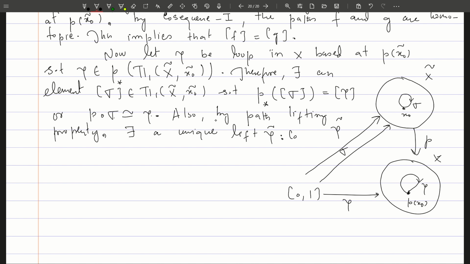So this is the path from 0 1 to X tilde.